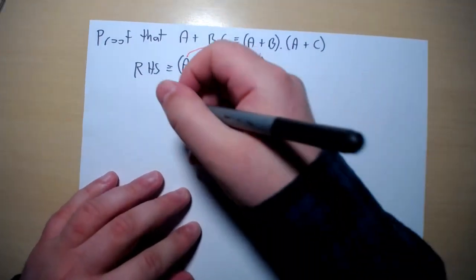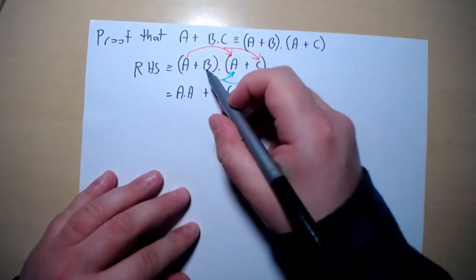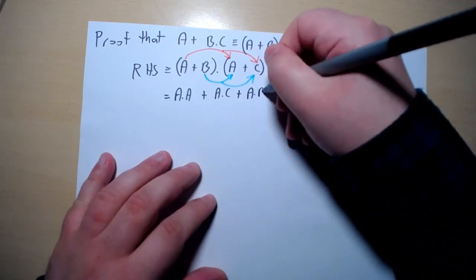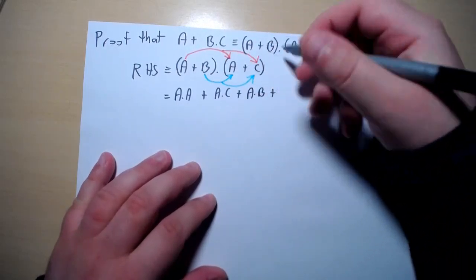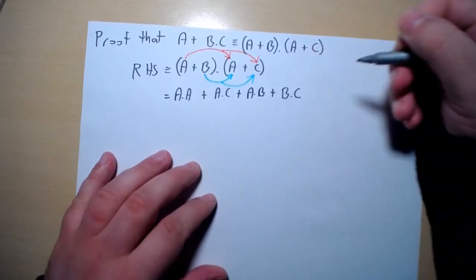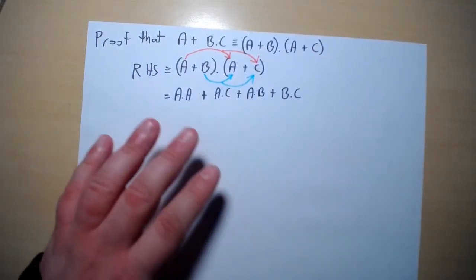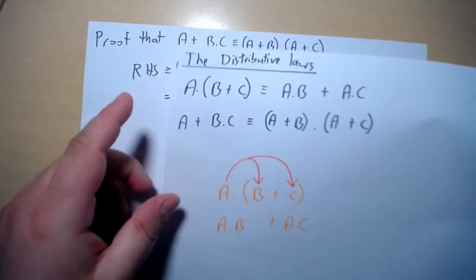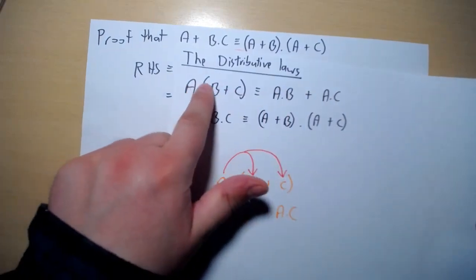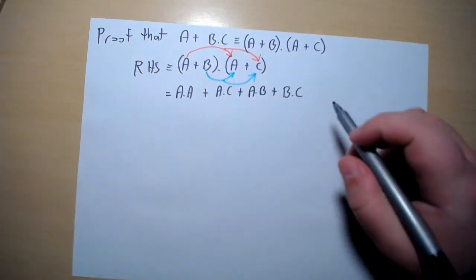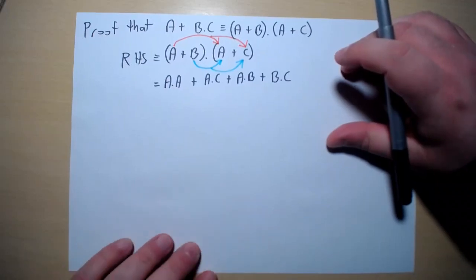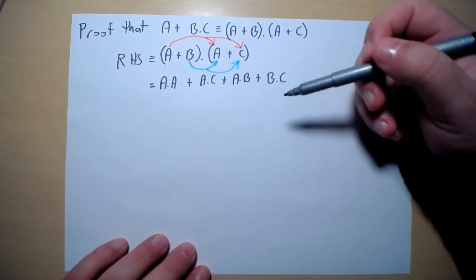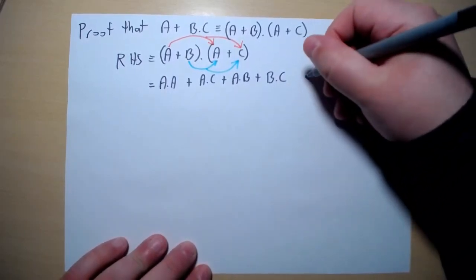So now we will get or B and A, which I'm going to write in alphabetical order immediately as A and B, or B and C. That is the first step. To do this step, we have used one of these distributive laws, the first one. So I am going to write the law that I have used so that whoever is looking at this proof will know that each step makes sense. So we use the distributive law.